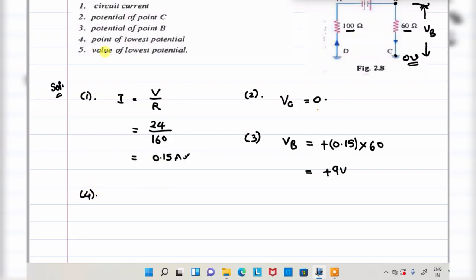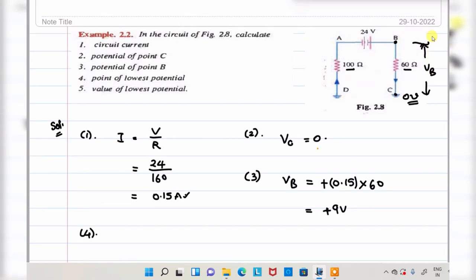So next, fourth bit, point of lowest potential. Point A is the lowest potential, because it is the maximum negative potential. I will explain why it is the lowest potential.